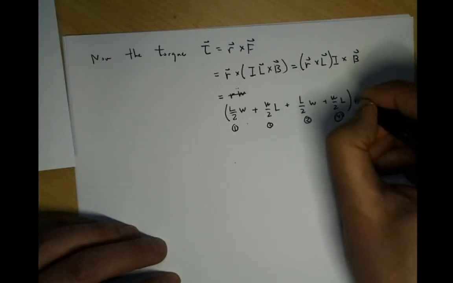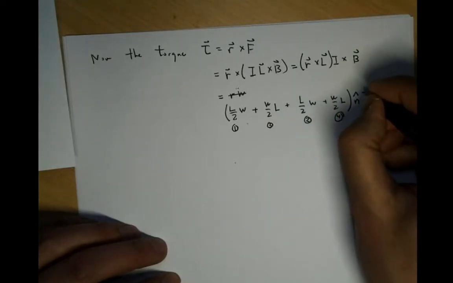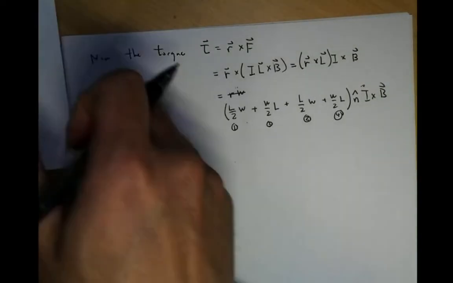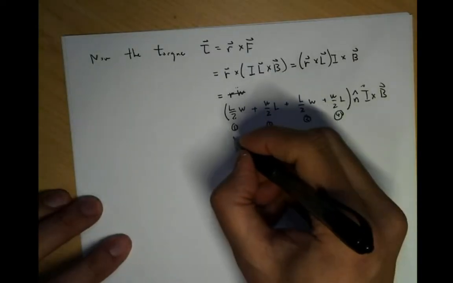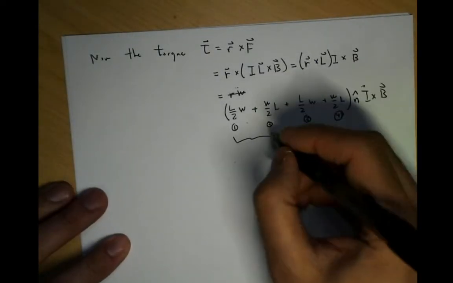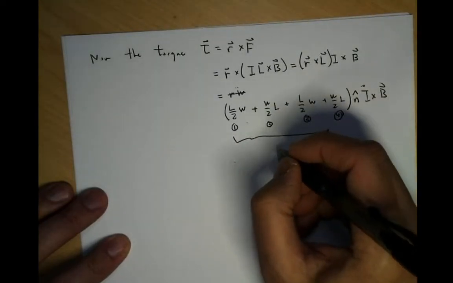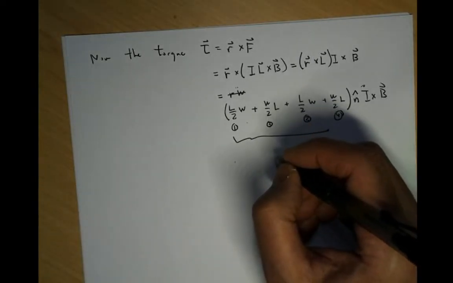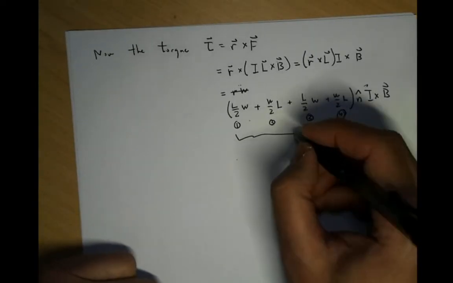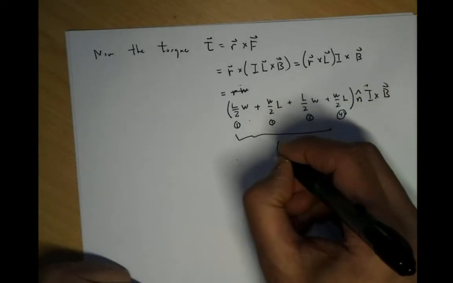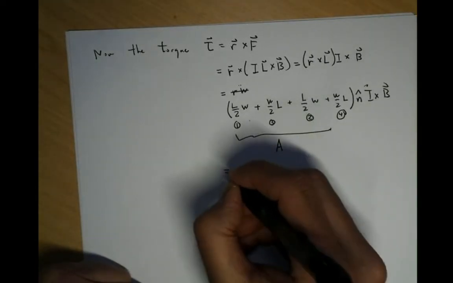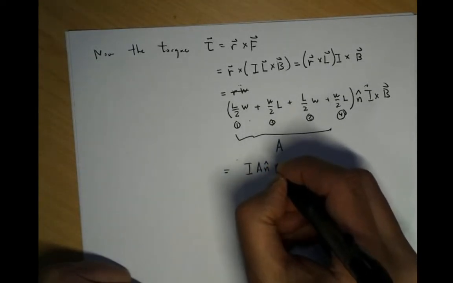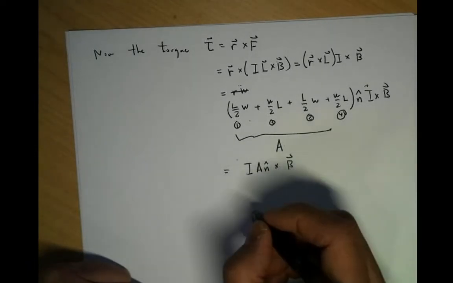They all point along the normal vector I cross B. There's no dot there, right? And so this thing here, if you do it correctly, there's one more factor which is missed, but this should be equal to the area. So this could be I times A n hat cross B, right?